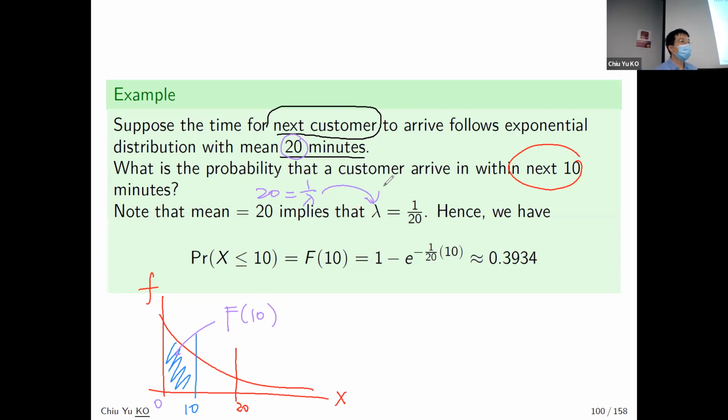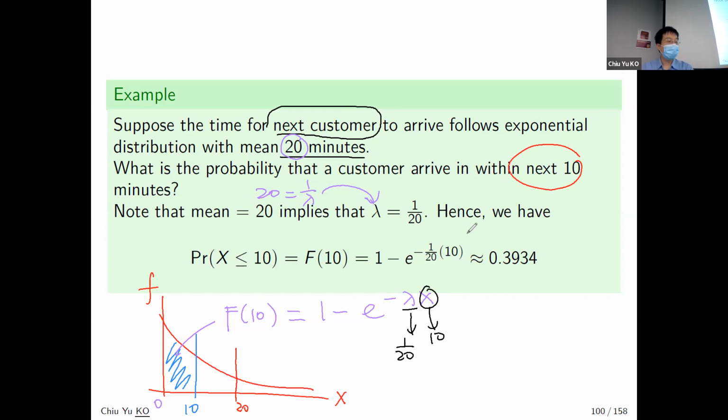Is that okay? And remember, F of 10 is 1 minus e to the negative lambda x, and x is 10, lambda is 1 over 20. You put the numbers in, you will get 40%. So it's rather interesting, right?